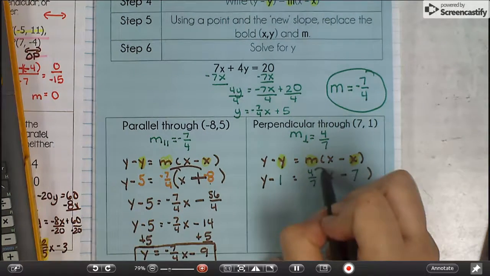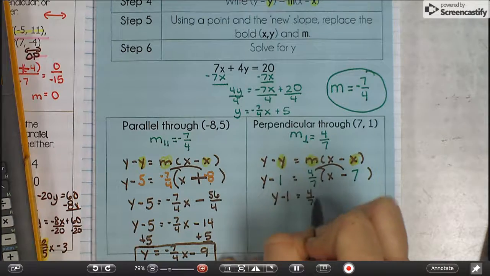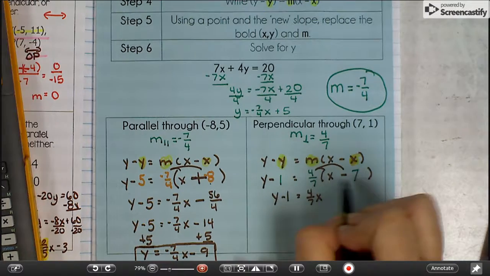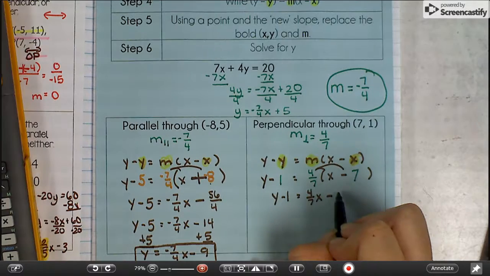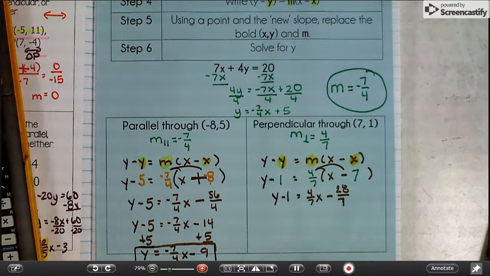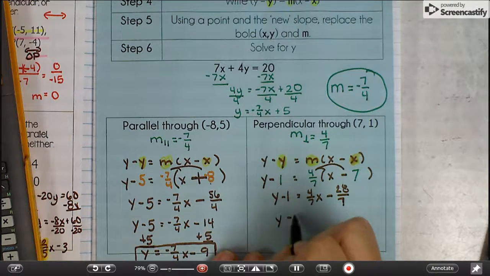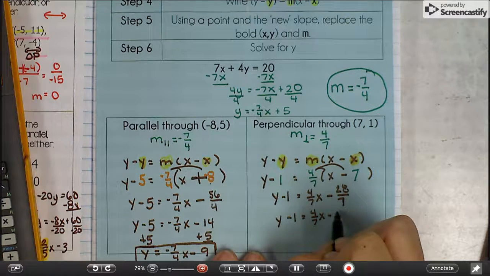Now we'll distribute. y minus 1 equals 4/7 x. Since this is positive and this is negative, it will be negative. 4 times 7 is 28. 7 over 1, or 7 times 1 is 7. So y minus 1 equals 4/7 x minus 4.